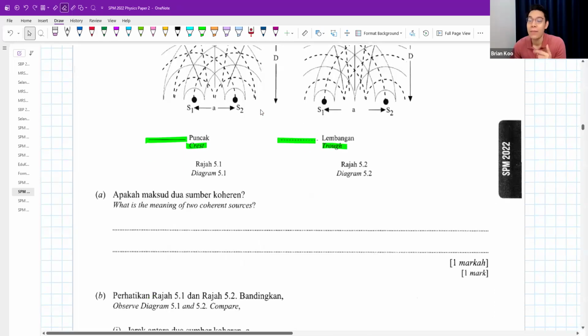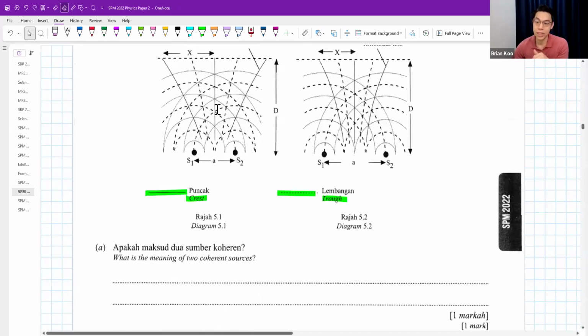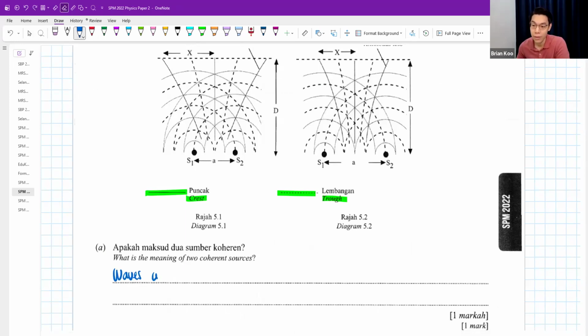Part A, what is the meaning of coherent sources? Coherent sources means waves with the same frequency and constant phase difference.